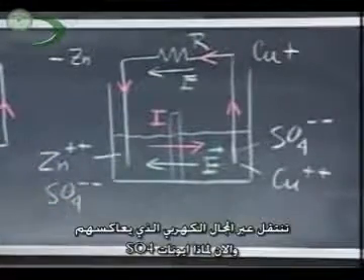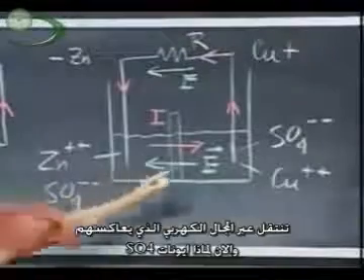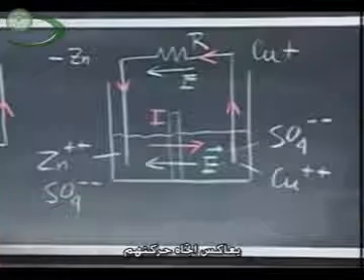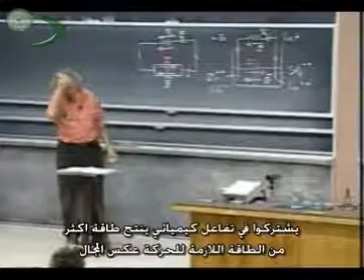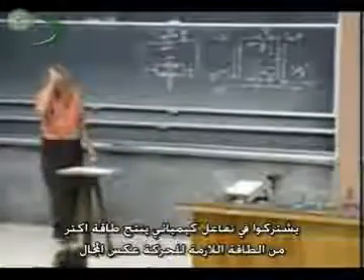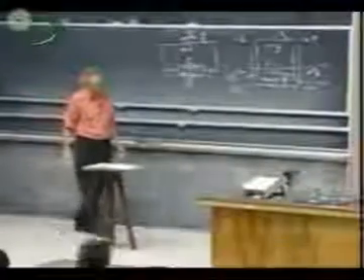Now why would SO4 minus ions travel through an electric field that opposes their motion? They do that because in doing so, they engage in a chemical reaction which yields more energy than it costs to climb the electric hill.